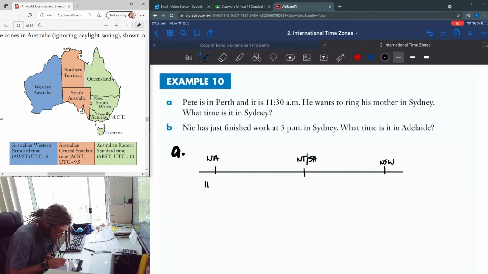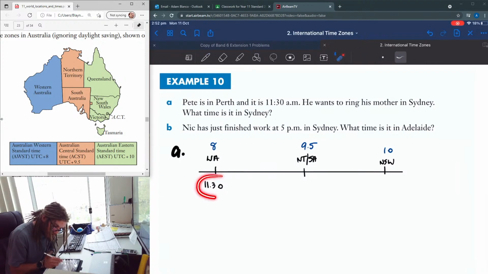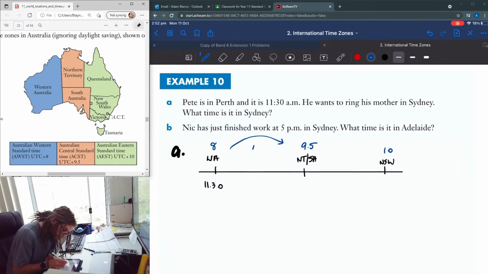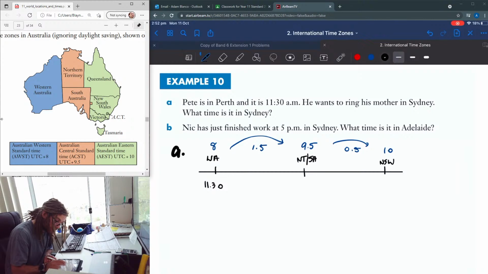If it's 11:30 here, keep in mind that's like 8, that's 9.5, that's 10. So if it's 11:30 here, what time is it in Sydney? Well, this jump is 1.5 hours. This jump is 0.5. So my Perth time is 11:30.